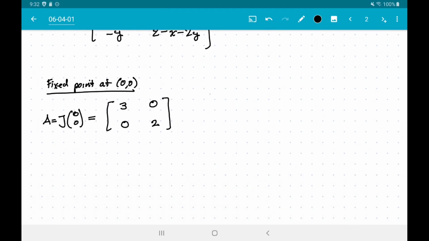because in a diagonal matrix, which this is, it's 0 everywhere except down the main diagonal. In a diagonal matrix, the eigenvalues are right there on the diagonal.